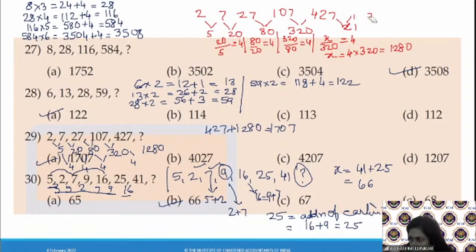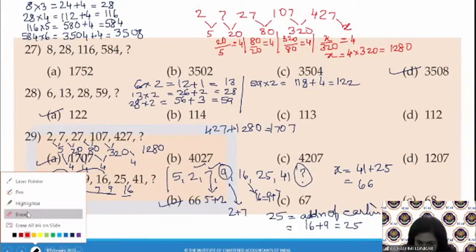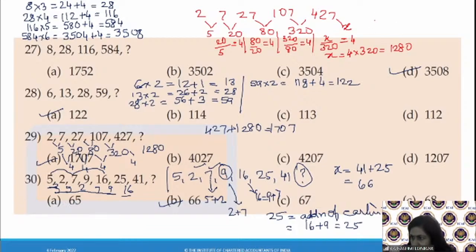I'll add it over here separately so you can see. So what do I have here? 1280 plus 427. So I have 1707. Okay. Hope you have understood.